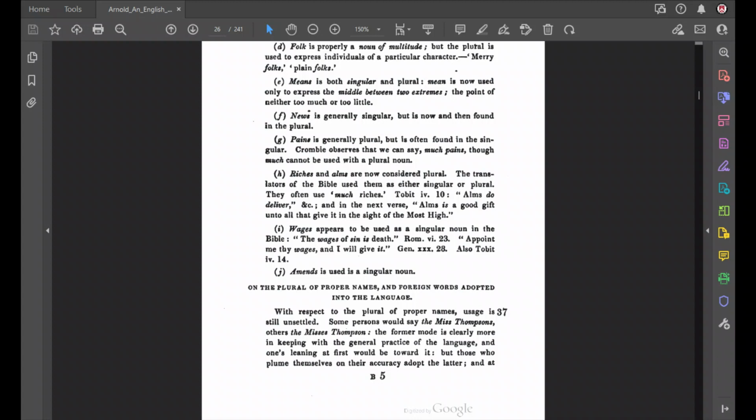Some persons, if you wanted to say Miss Thompson, let's say that there were 3 girls, and they were all from the Thompson family, 3 unmarried girls, so you'd call each one of them Miss Thompson, right? How do you call all 3 of them at the same time? Or how do you speak about them all at the same time in the plural? Do you say the Miss Thompsons over there?